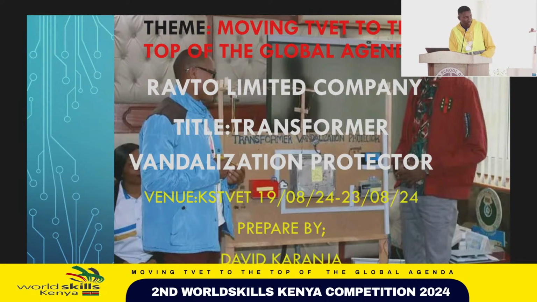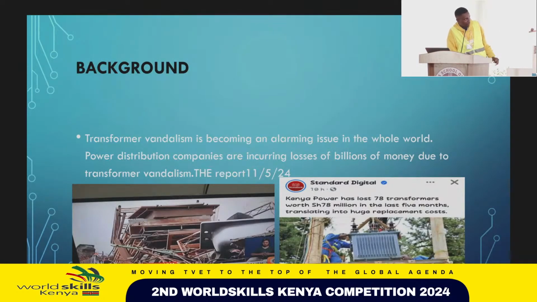And as you can see in our background, we have been encountering problems of transformer vandalization in our nation. As you can spot there in the Standard newspaper, we lost 78 million in the past 5 months.